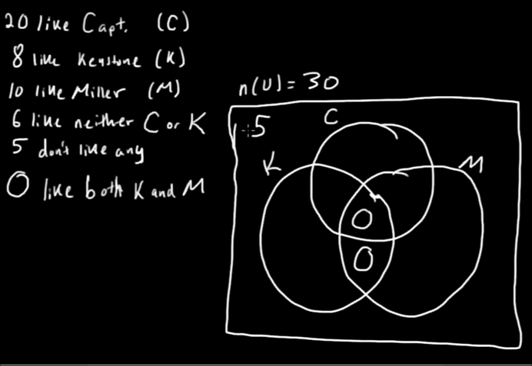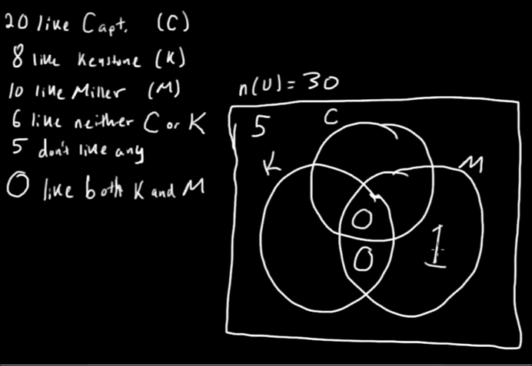So if 6 like neither Captain or Keystone, but 5 don't like any, that just leaves 1 that likes just Miller, because if they don't like Captain or Keystone, they must either like Miller or none of these, and we know that 5 like none, so that just leaves 1 of those 6 left to like only Miller. Okay, so that's how we got that.